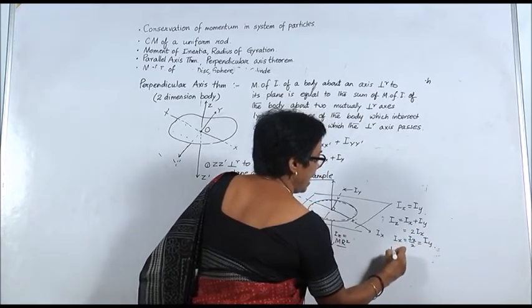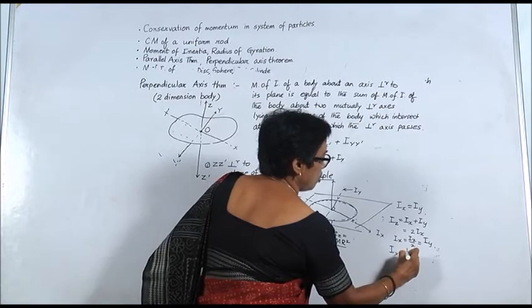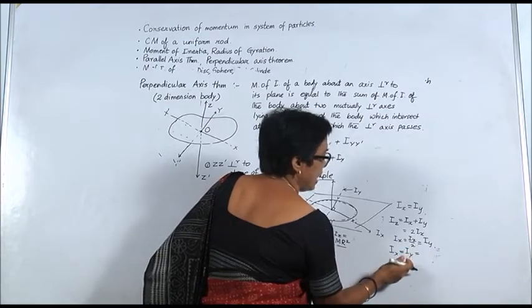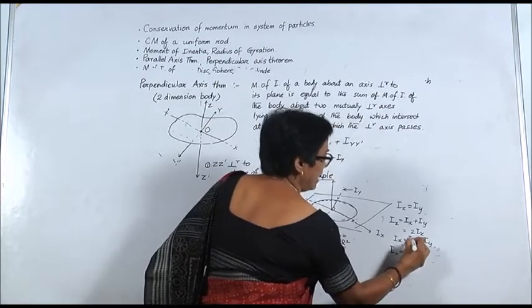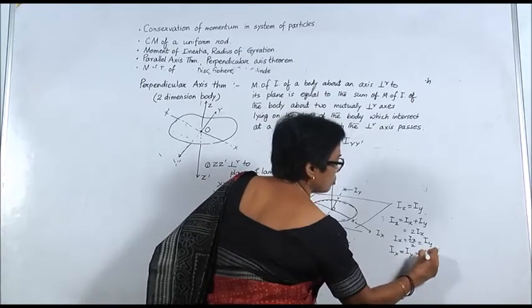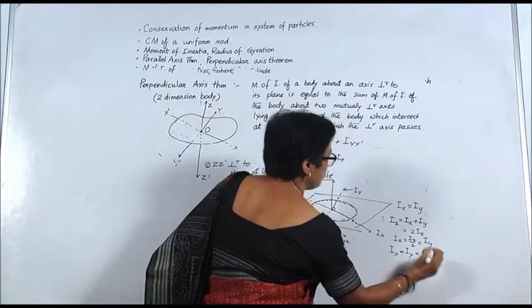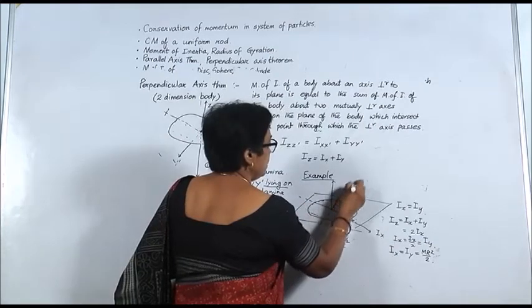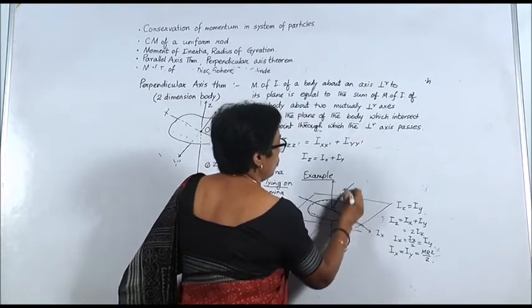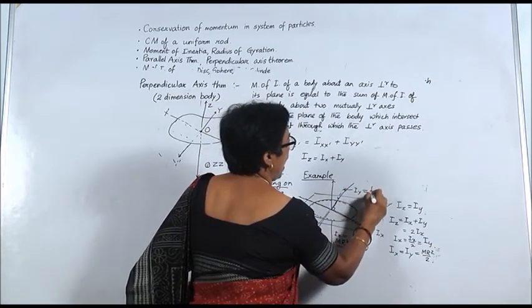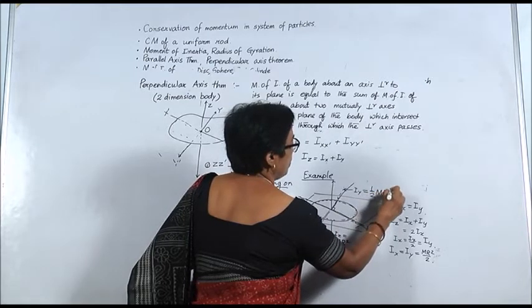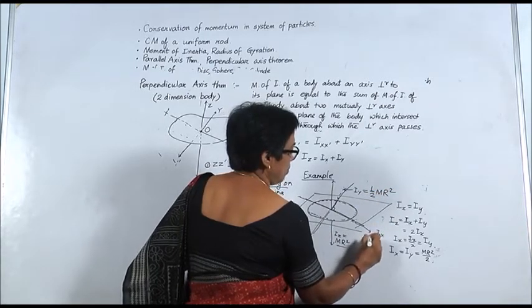So the moment of inertia about x or about y, any diameter, is, with Iz being mr square, mr square by 2. So about these two axes, moment of inertia will be equal to half mr square, and this one also half mr square.